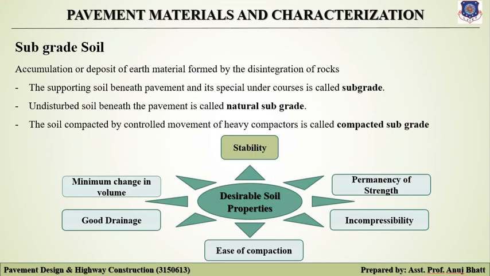As per IRC recommendations, the side slope for a road in embankment is 1:2, where 1 is the vertical and 2 is the horizontal distance, while in cutting a slope of 1:1 or 0.5:1 is provided. So this is all about the stability of the soil, how the stability affects the soil property.